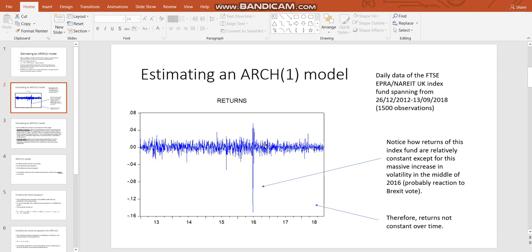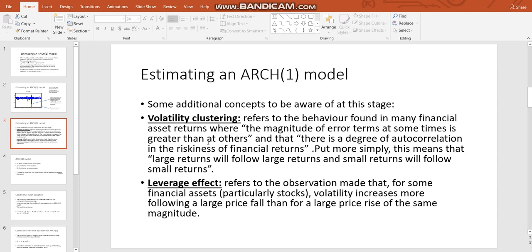Now that's really important to bear in mind, because this leads on quite nicely onto some concepts that I want to make sure that you're aware of as we go forward. The first is something called volatility clustering. Just to briefly summarize what that is, all it means is that large returns will follow large returns and small returns will follow small returns.